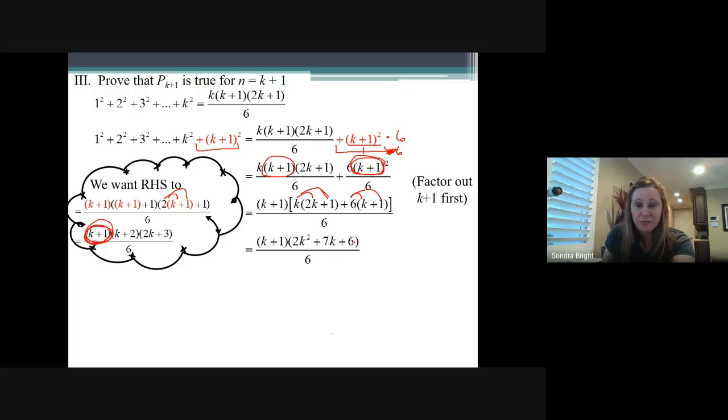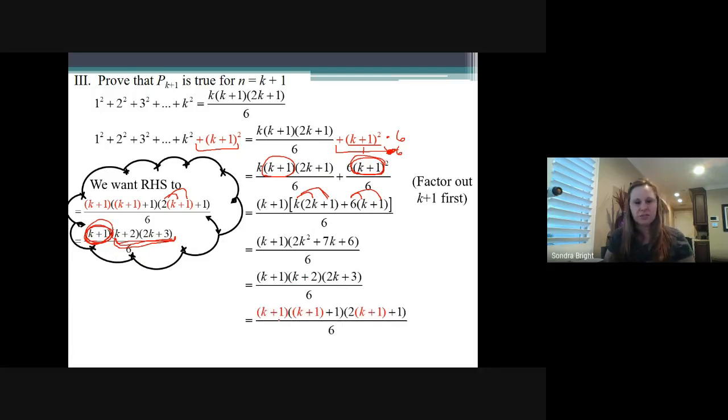Hint: if we did everything right, it should factor as k plus 2 times 2k plus 3. Is it? Let's see. 2k squared, plus 3k plus 4k gives me plus 7k, and then plus 6. So it does factor that way.